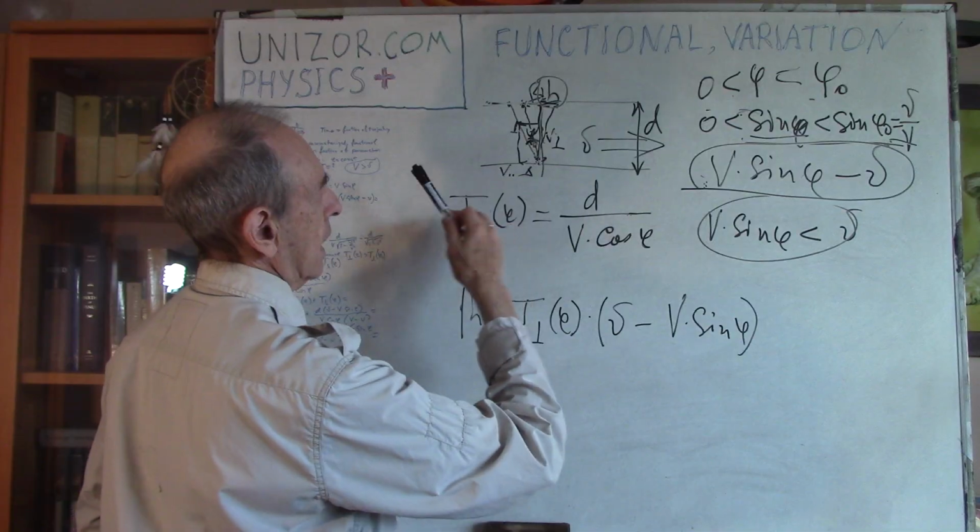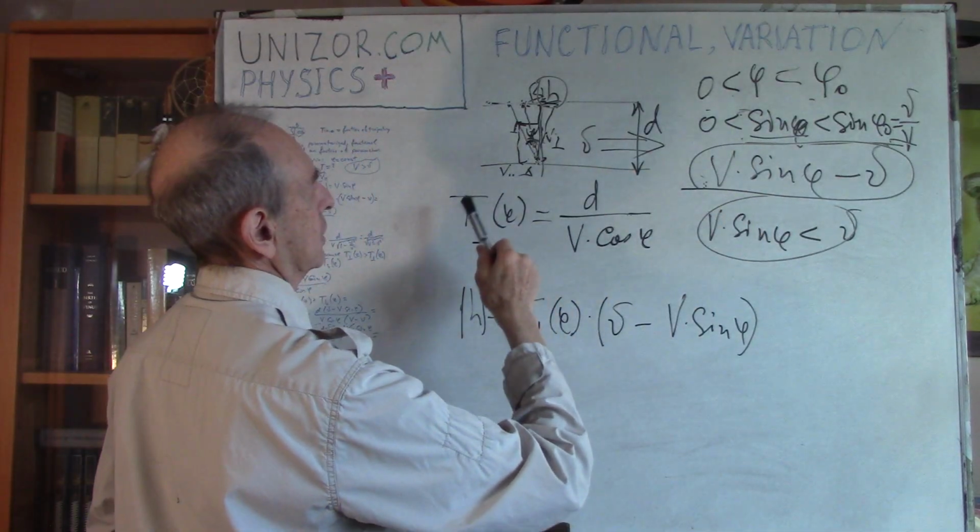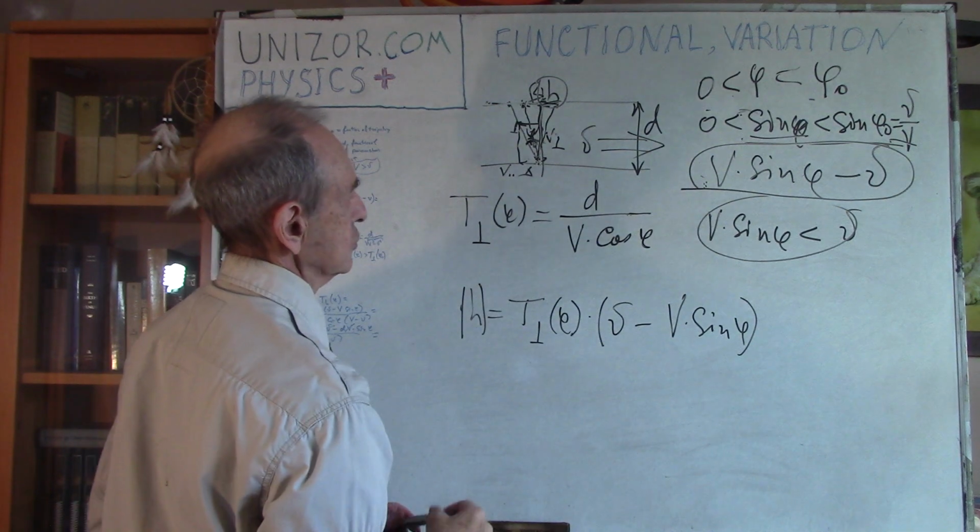My current will basically move me to the right by this distance h. Now, what should I do next?